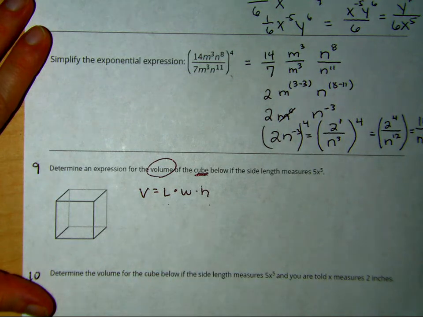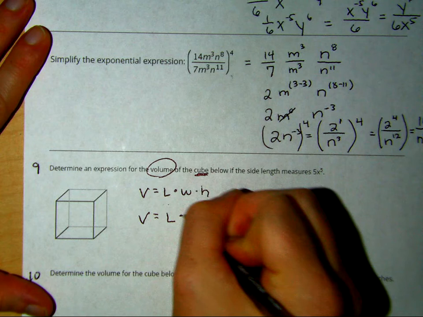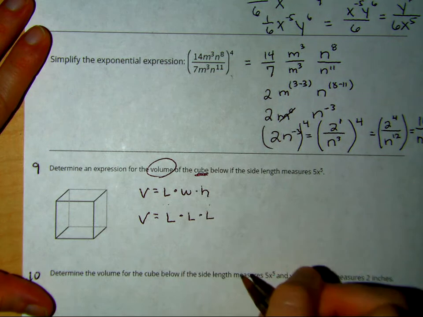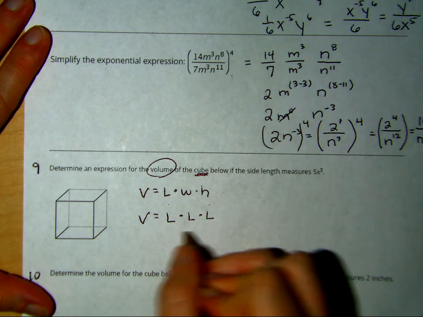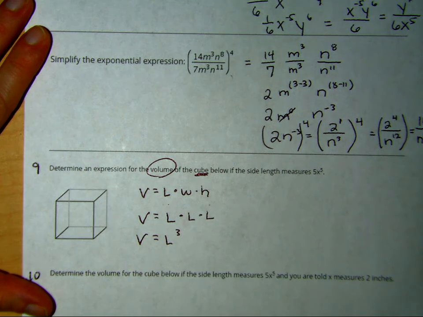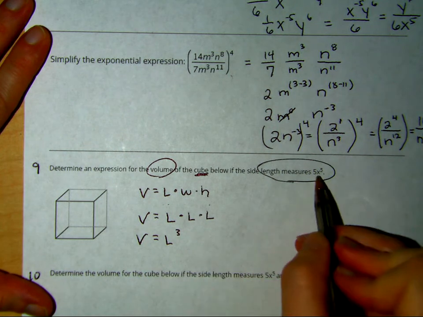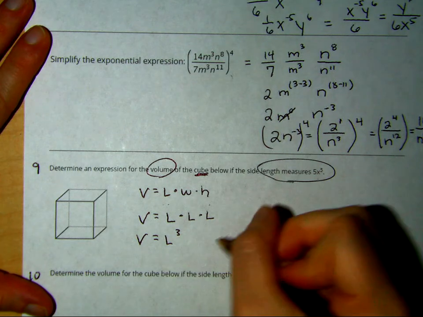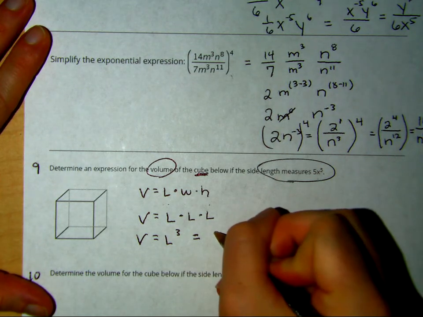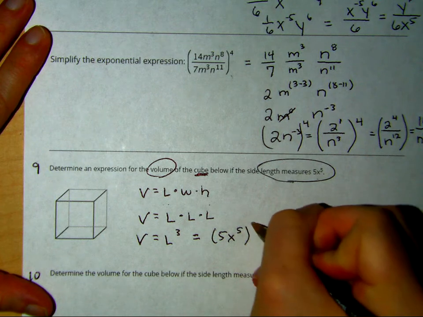So we really could say volume equals length times length times length. You can simplify that using our exponent rules and say volume is L to the 3rd power. We know our length, so we can just go ahead and plug that in. So volume is going to equal 5x to the 5th raised to the 3rd power.